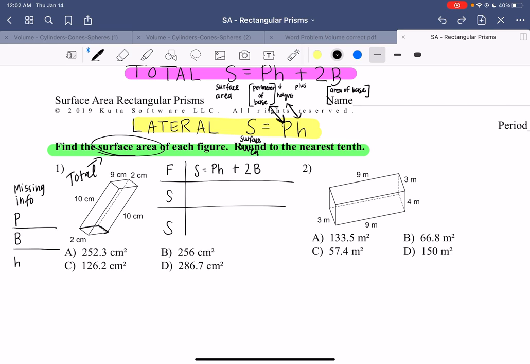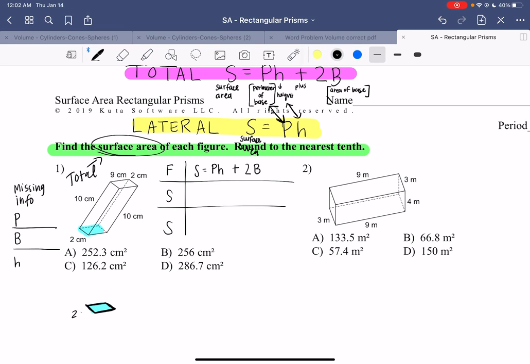I'm going to trace my base, and I'm going to move it down here. So I'm using this blue as my base. This is going to be blue too. So now we can label it.